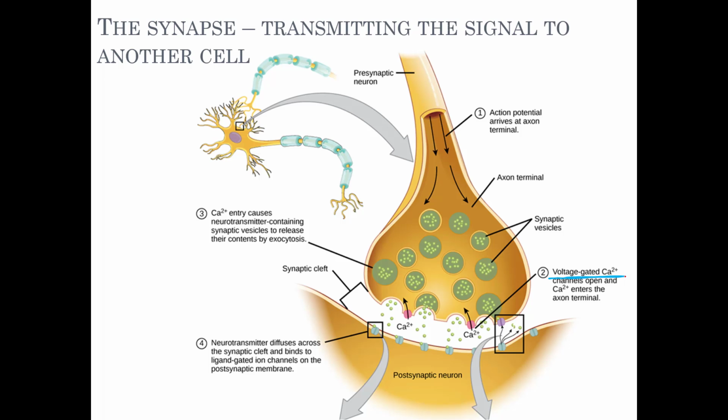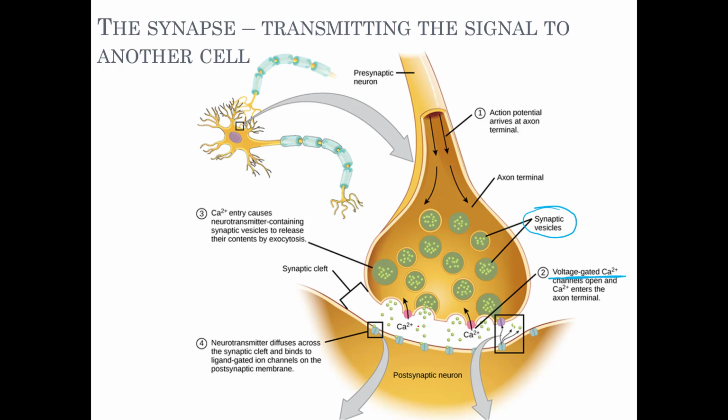We also have to understand that calcium is far more abundant in the extracellular fluid as compared to inside the neuron. Secondly, there are synaptic vesicles in the axon terminals, and these synaptic vesicles contain a neurotransmitter. It can be different neurotransmitters depending on which type of neuron it is.